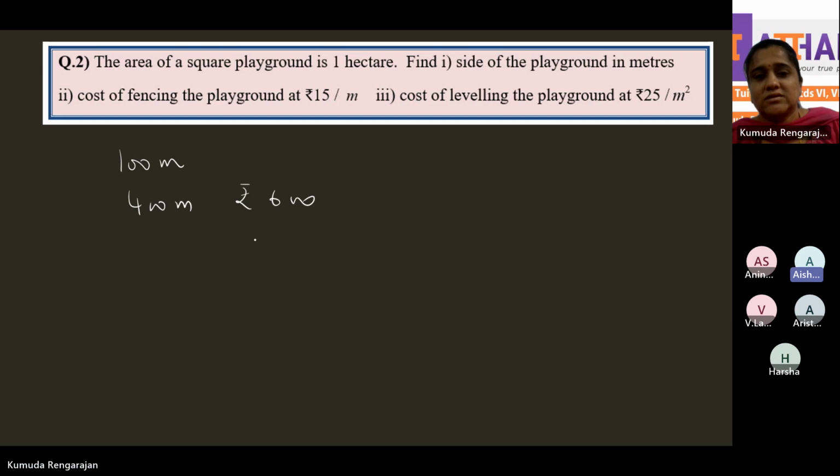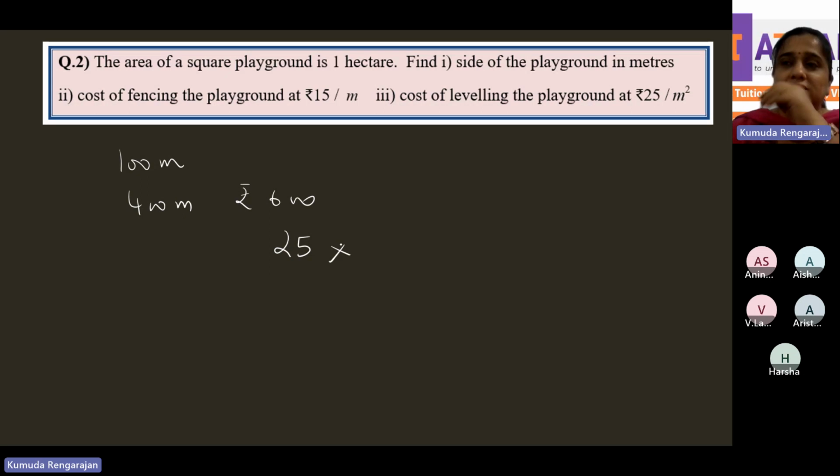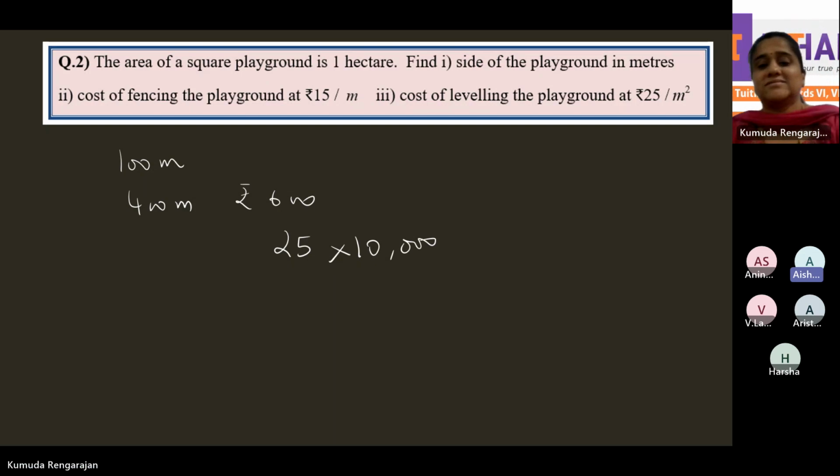Cost of leveling, I got it as 25,000. 25 multiplied by what? 25 multiplied by 10,000. Is that 25,000? No, 250,000. Sorry. Correct, 250,000.